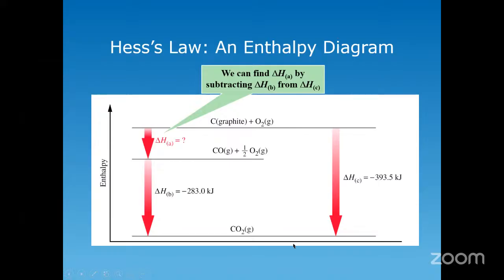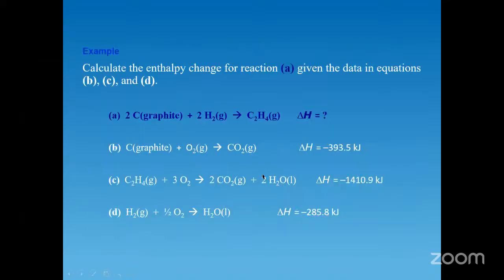So based on the fact that this plus this gives you this, we know that delta HA would be the difference between this value here and this value. By subtracting this value from this value, you get delta HA, which is the enthalpy change of the reaction going from carbon to carbon monoxide.